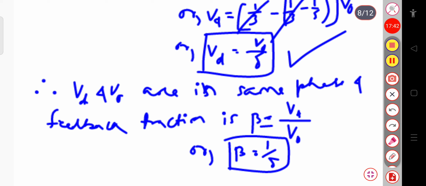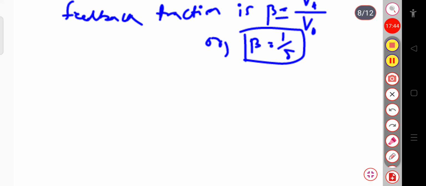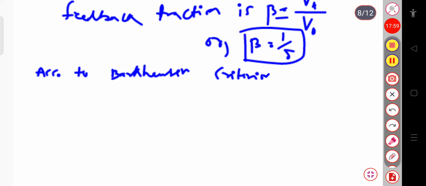Now according to the Barkhausen criterion, for sustained oscillation we know A beta equal to 1.